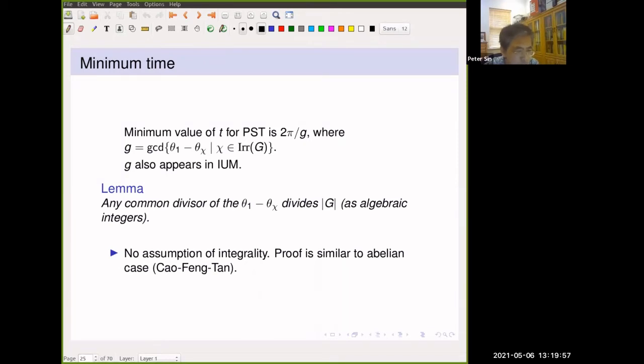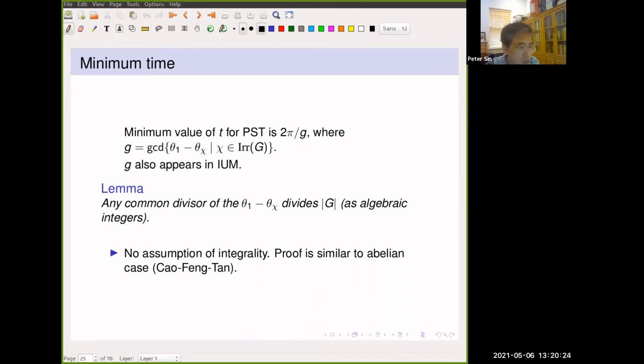The proof of this is very similar to the abelian case, which is proved in a paper on uniform mixing of Cao, Feng, and Tan, which maybe Xiwan will talk about tomorrow.